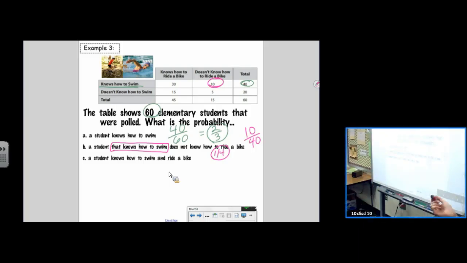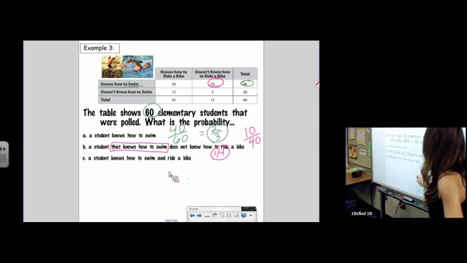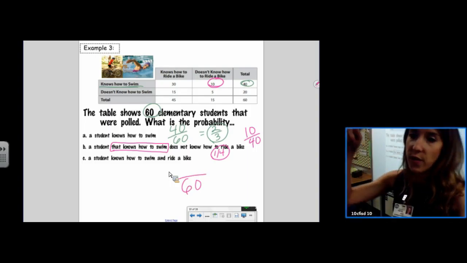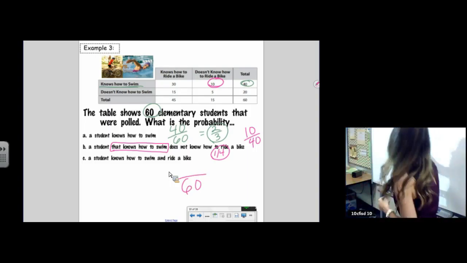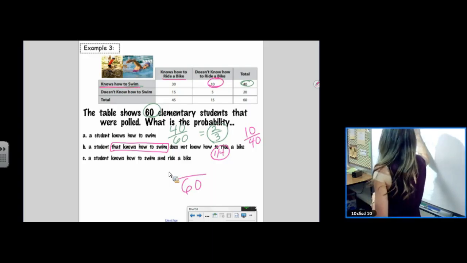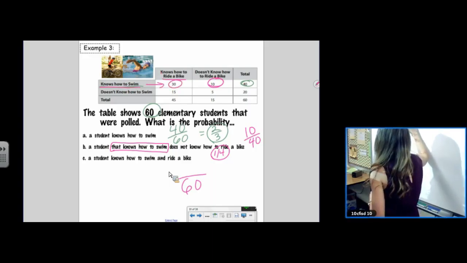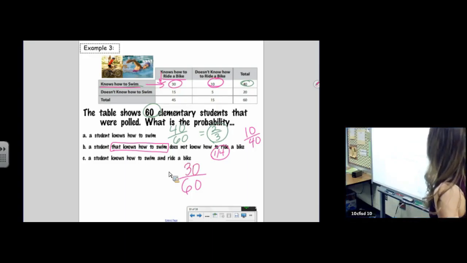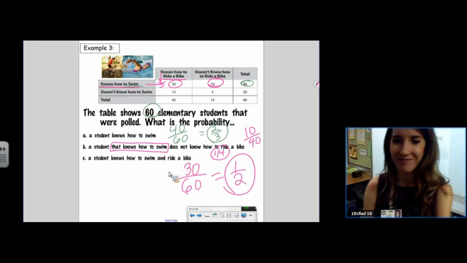There are 60 students total. How many of them know how to do both? You just find where those intersect in your table. Where this one meets this one is right here. It looks like 30 of them. So half of the students can do both. Good job.